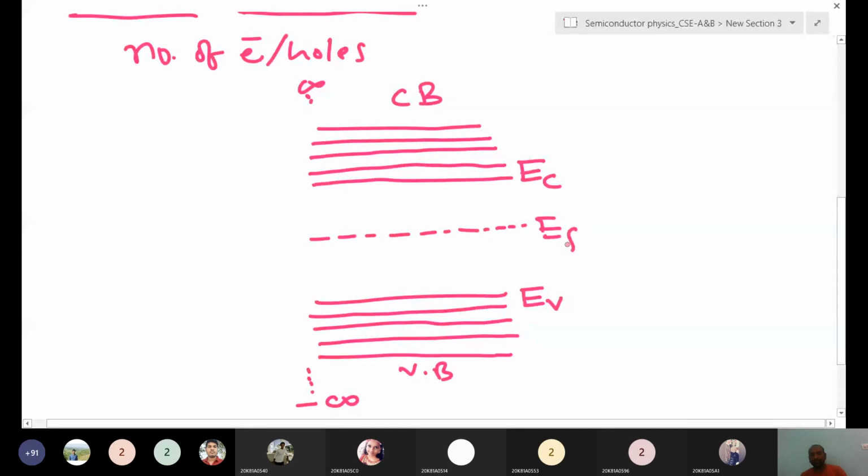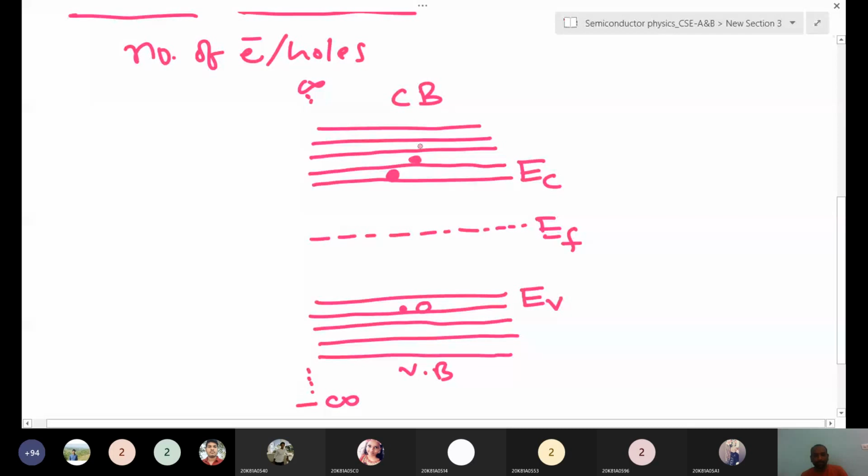But we are considering the semiconductor at room temperature. That's why we draw it at the middle, because at room temperature some of the electrons break the bond and jump into the conduction band. Once they break the bond, they leave a hole, and these holes are free in the valence band. These electrons are also free. So free electrons are available in the conduction band, and free holes are available in the valence band.